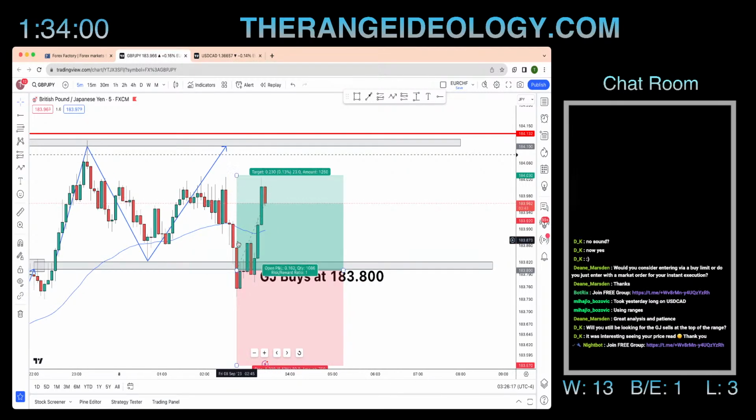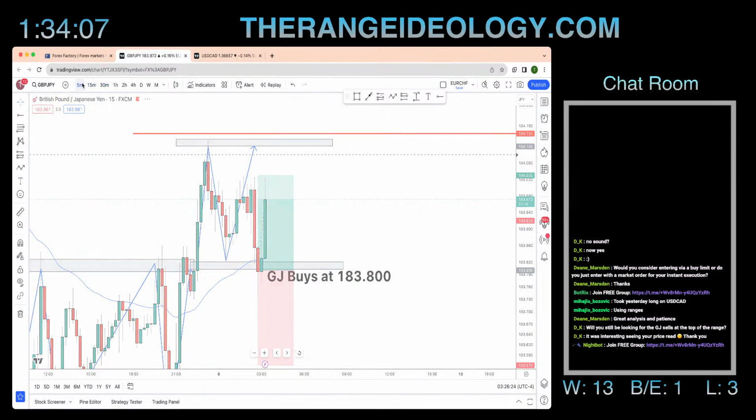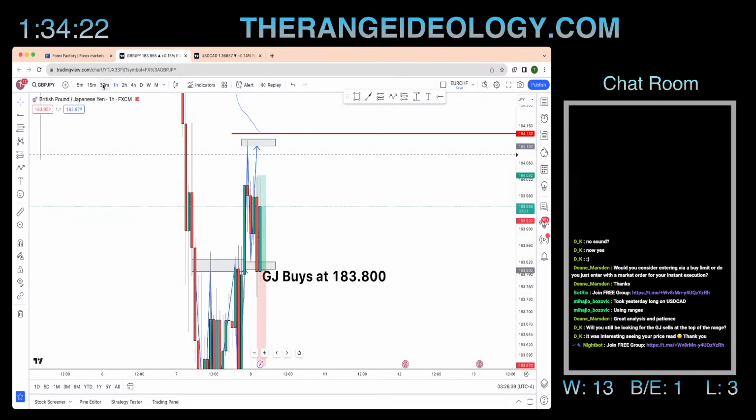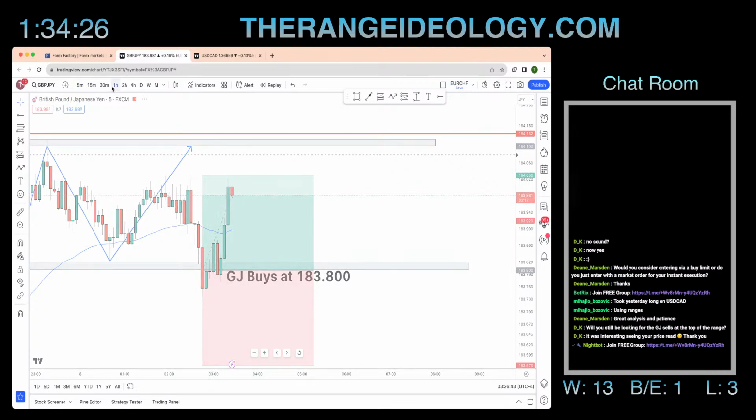Now I'll stay here another 4 minutes or so to close off the 30 minutes. Let's see how price moves here. But I am out of this trade, guys. We're looking to see if price does come back to the 1 hour.